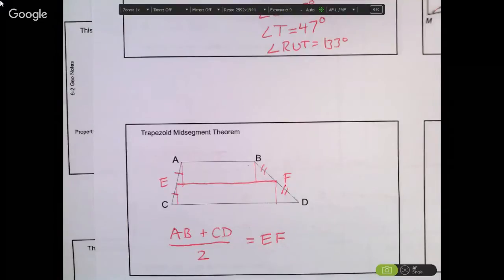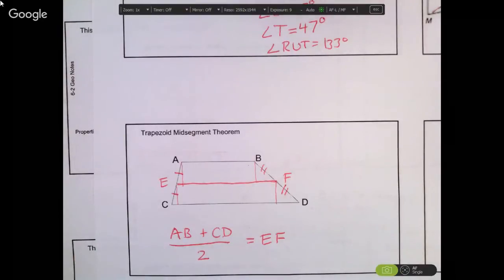So you could do the same thing with a triangle, except the mid-segment of a triangle equals half of the base, because the base plus the top, which is 0, divided by 2. Okay?